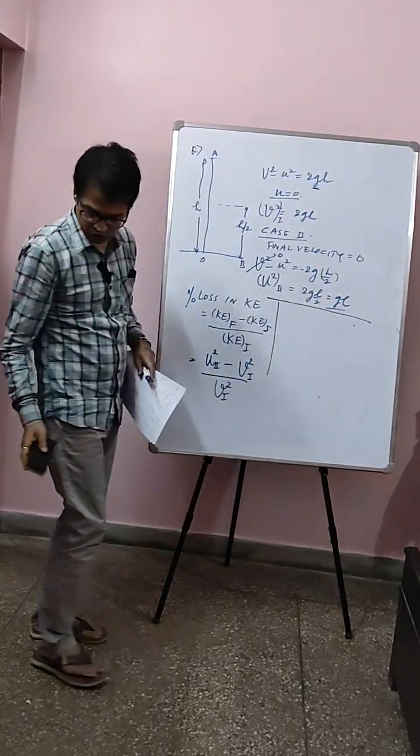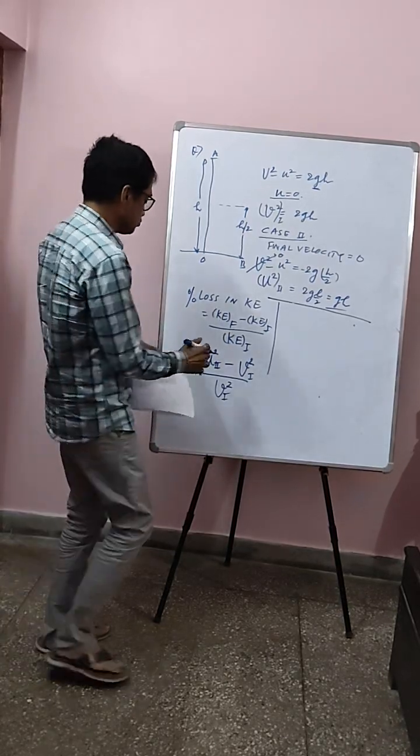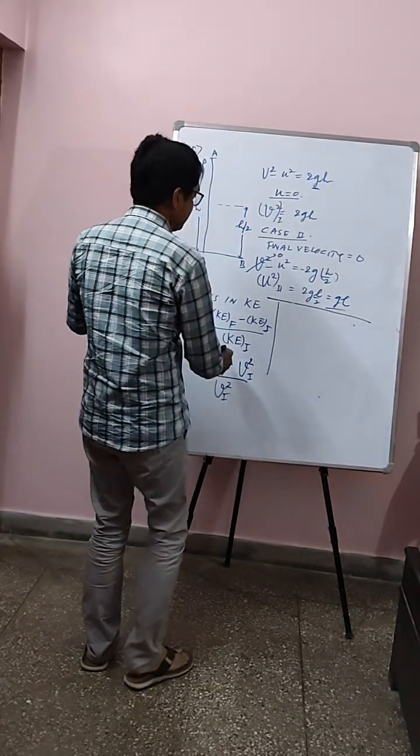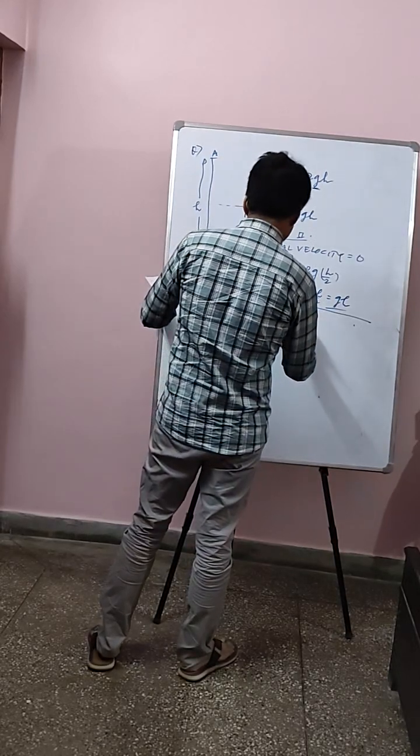We make substitutions here. u square, the initial velocity in the second case, equals gh.